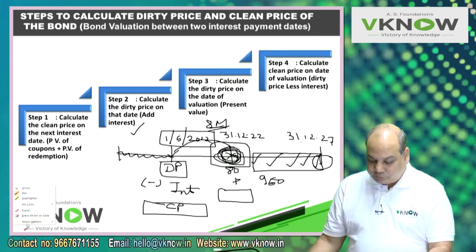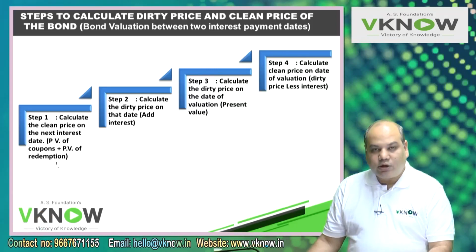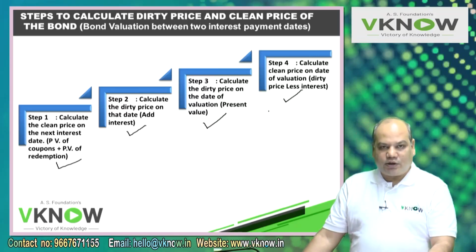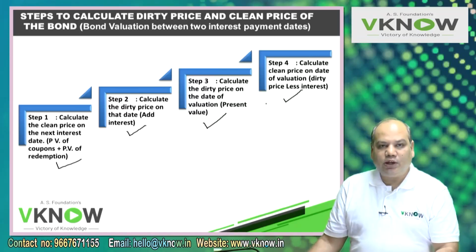Once again, first calculate the clean price on the next coupon date. Then add the coupon, you will get dirty price. Calculate the present value of dirty price on valuation date minus interest accrued from the last interest payment date till the date of transaction, and that will give you clean price on valuation date.